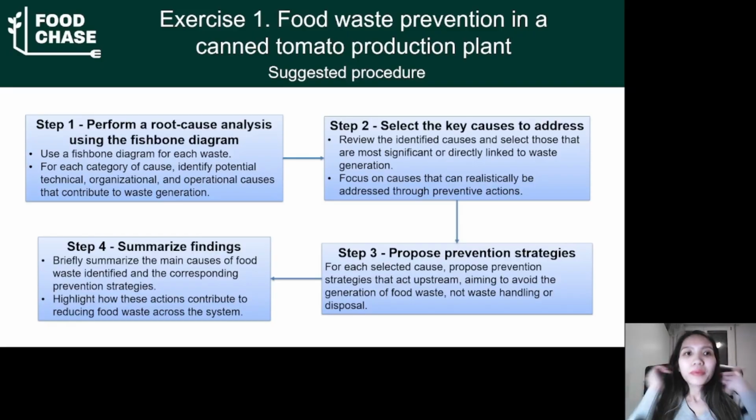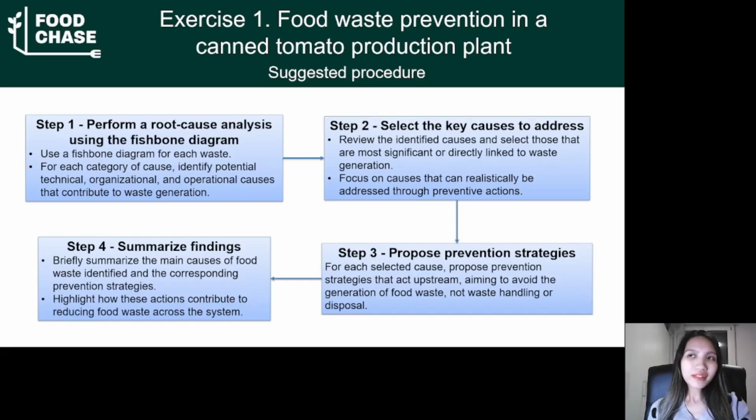The first step is to perform a root cause analysis using the fishbone diagram. The template of this diagram is provided in the manual. You have to use the fishbone diagram for each waste.